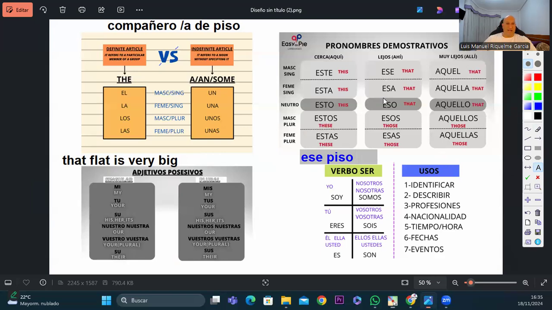Flat is an it. What form of the verb ser are we going to use? Es. Very. You know this. We've done it 2 or 3 times. Muy. And how do we say big in Spanish? Grande. Ese piso es muy grande. That flat is very big.